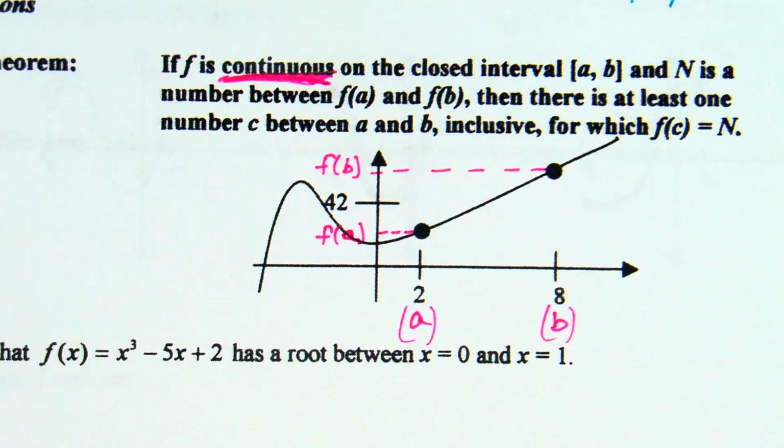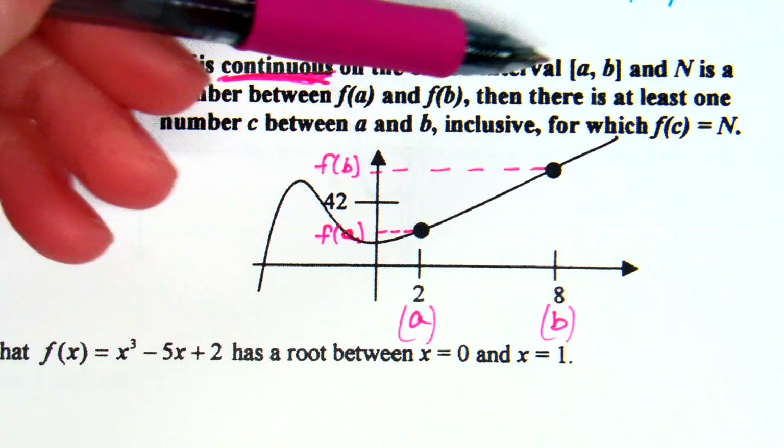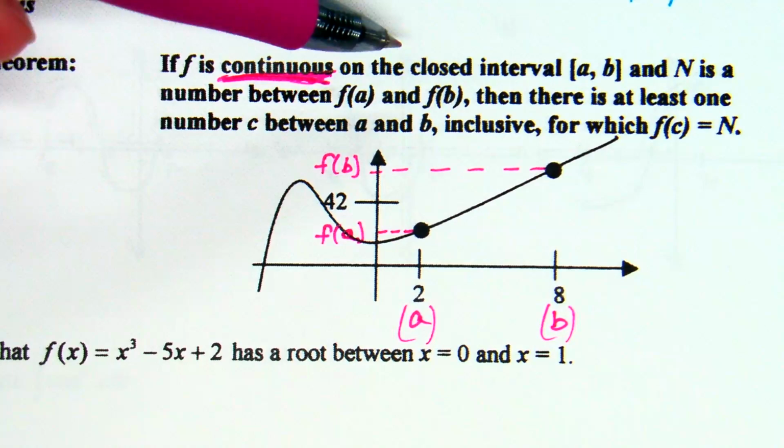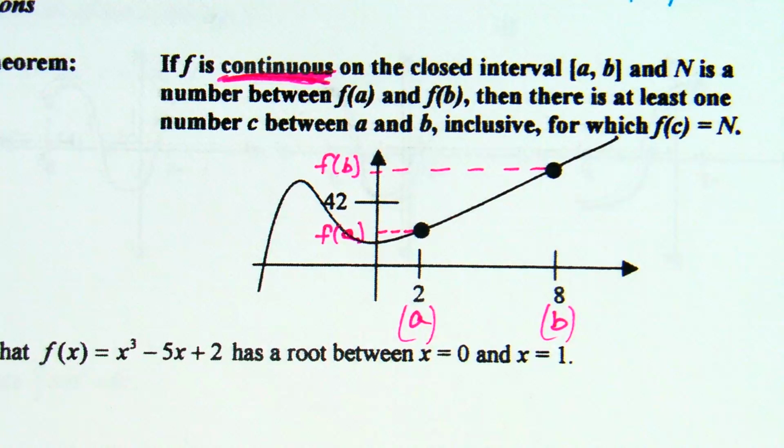And I can zoom this in so you guys can see more. So this is saying if f is continuous on this interval from a to b, closed interval, so a and b included, n is a number between f of a and f of b. That means what is n in this picture? 42. That 42 is what they're saying. Okay?